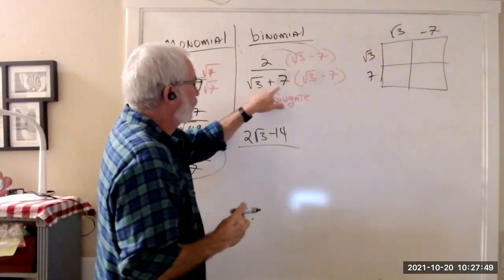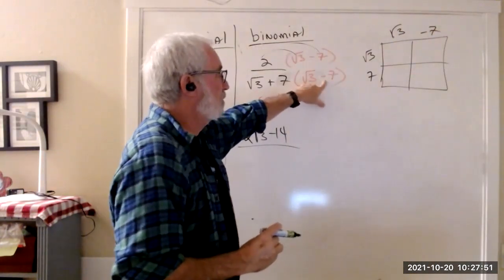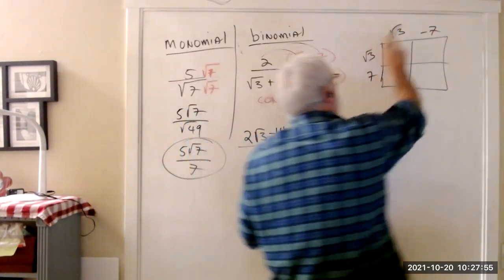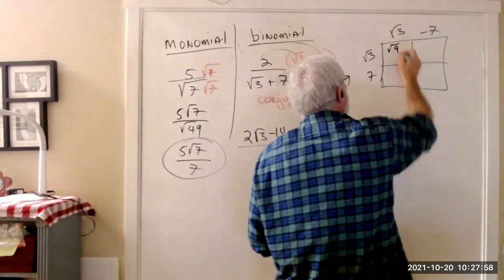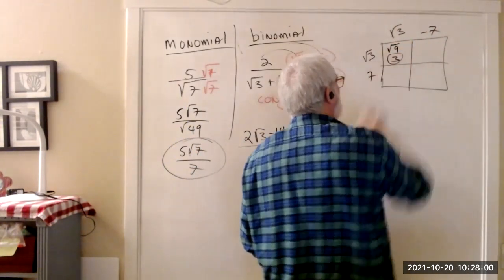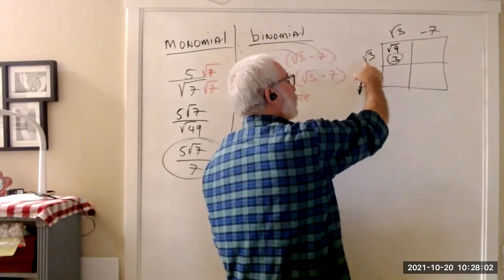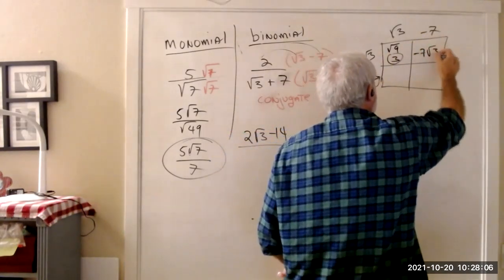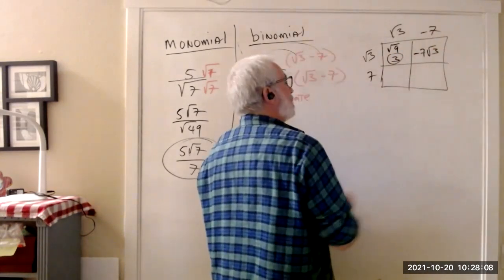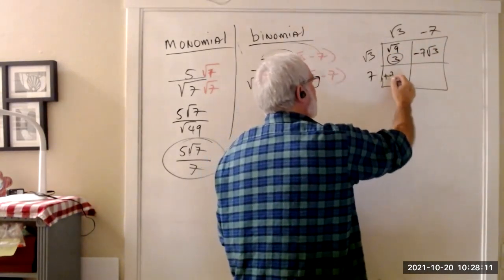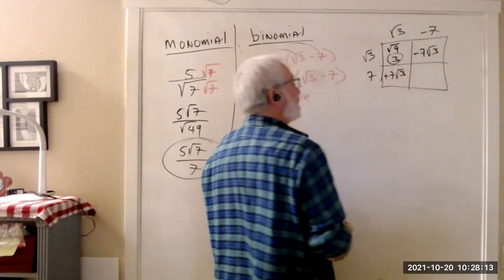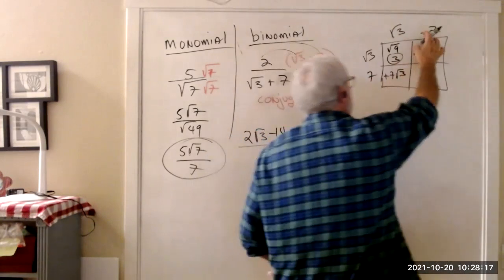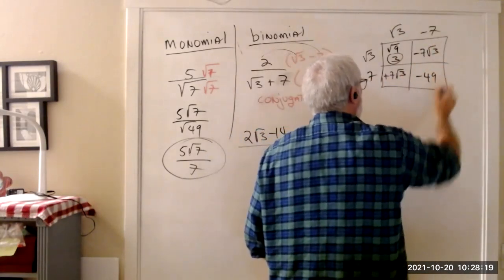Square root of 3 times square root of 3 is square root of 9, which becomes regular 3. Square root of 3 times negative 7 is negative 7 square roots of 3. This will be positive 7 square roots of 3. 7 times 7 is negative 49.